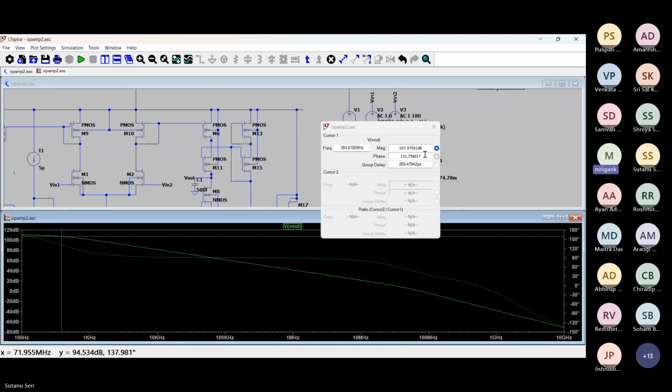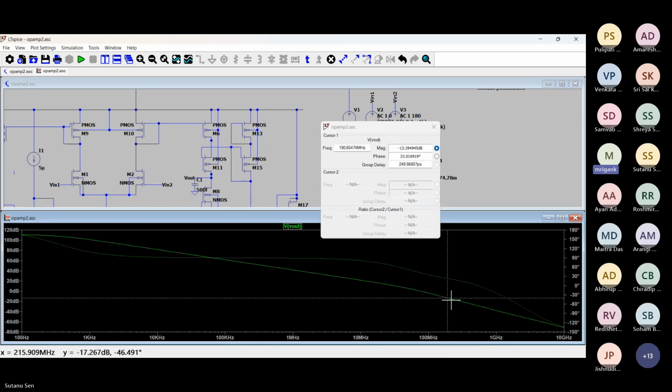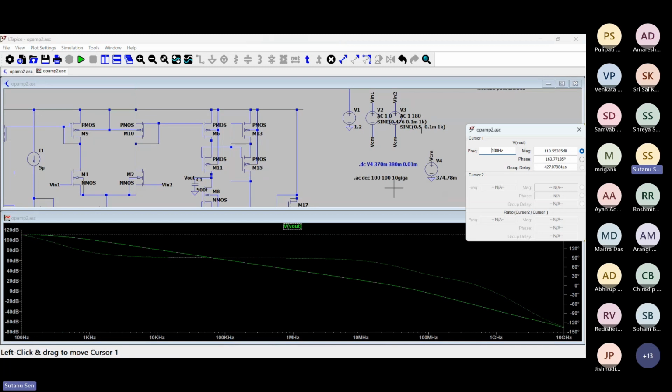Yes. So here, this is almost close to DC, almost 110 dB. Not origin. Close to DC, zero frequency. Oh, yes, sir. It started from 100 hertz, so I need to sweep.